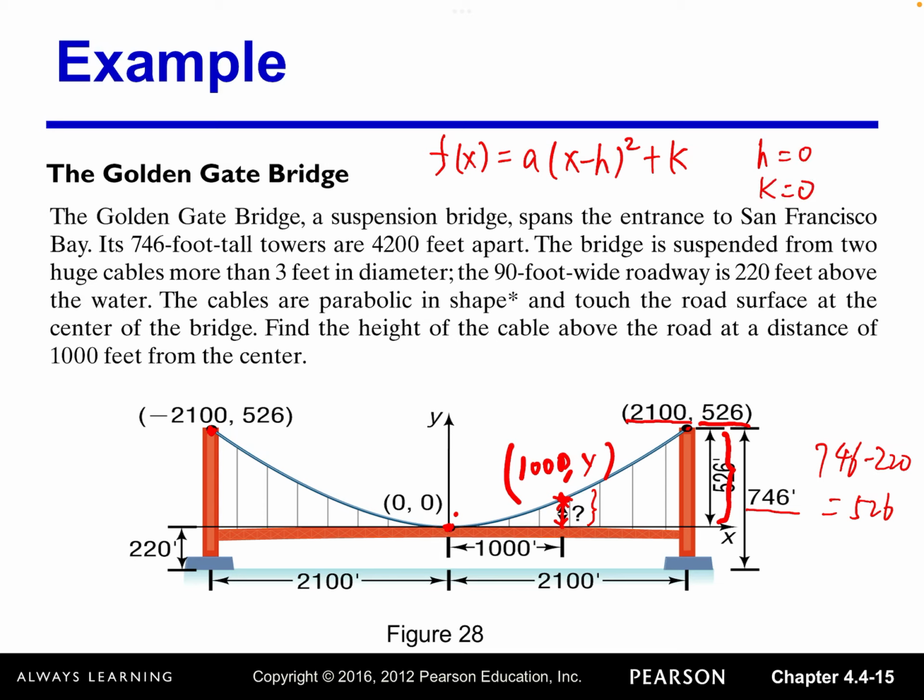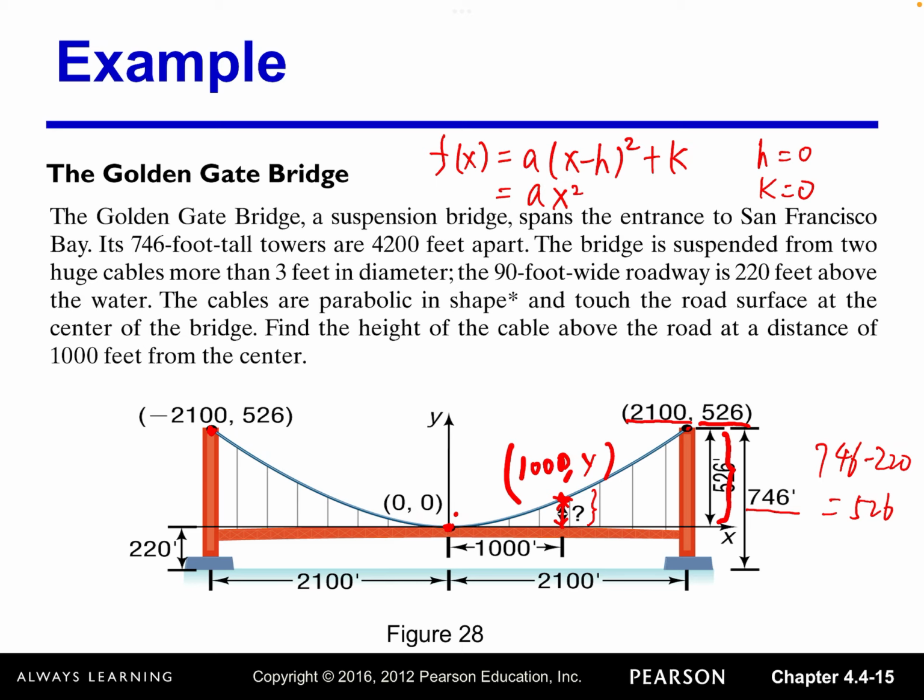The vertex is right at the origin 0, 0. So that's why we can simplify this function as a x squared. X minus h is still x squared, ax squared. K is 0, so that's only ax squared. So for this quadratic function, the only thing we do not know is the leading coefficient a, right? So how to find the leading coefficient?